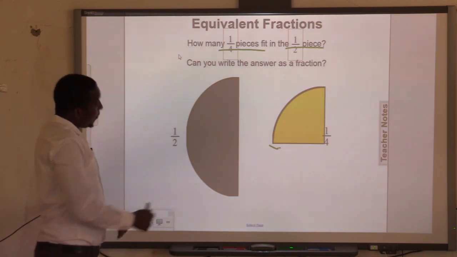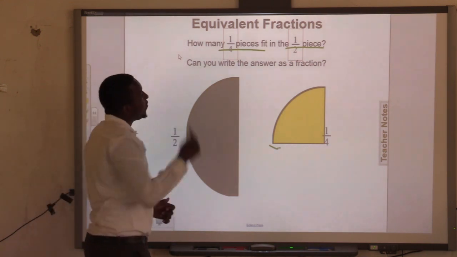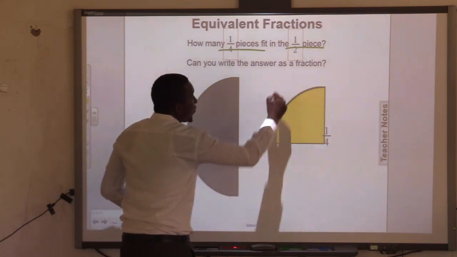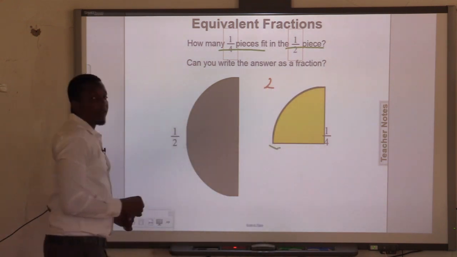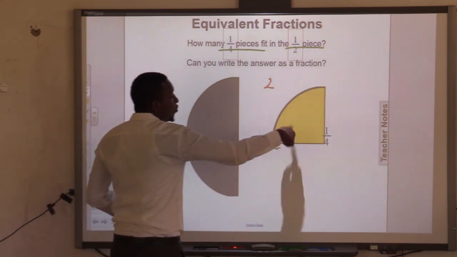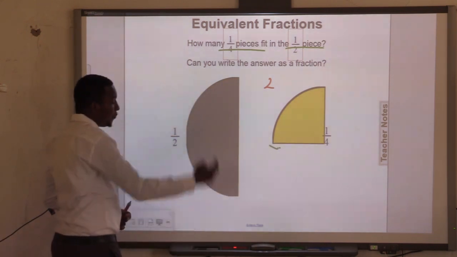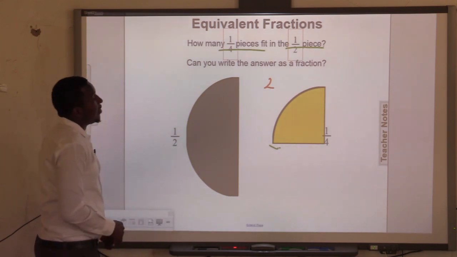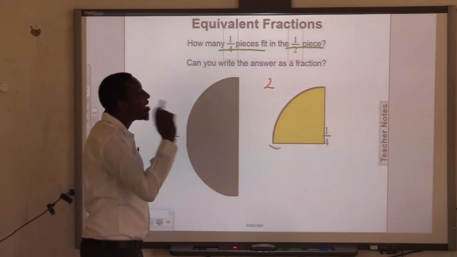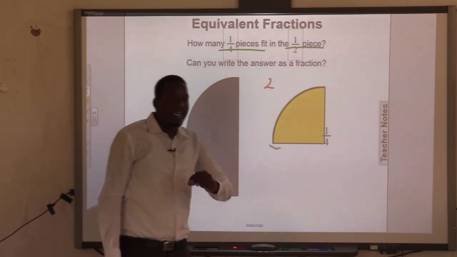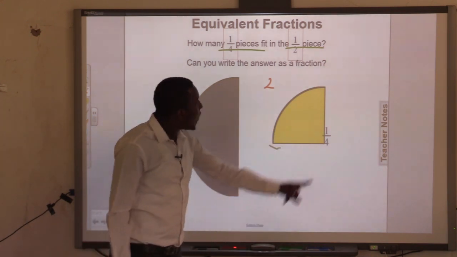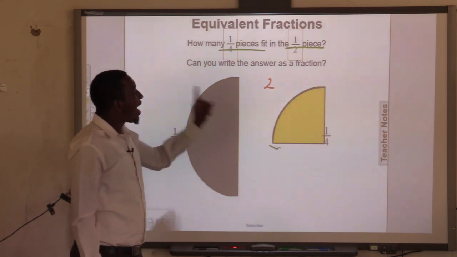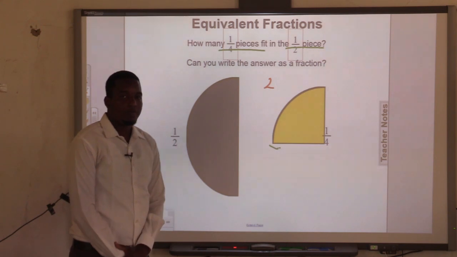that we have, how many 1/4 pieces fit in half piece. So we are going to have only 2 pieces of 1/4 that will fit in 1/2. The second question is asking, can you write the answer as a fraction? Can you write the answer, that is, how many 1/4 pieces fit in half piece of a circle?